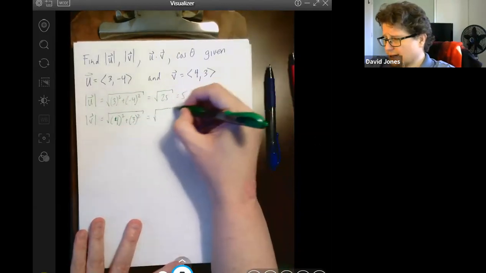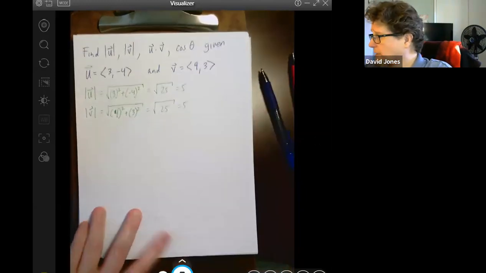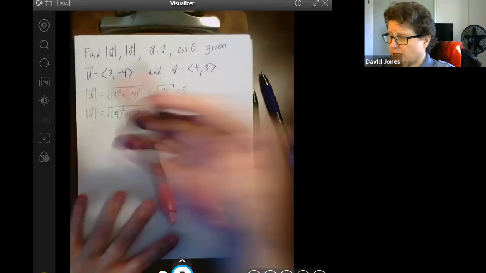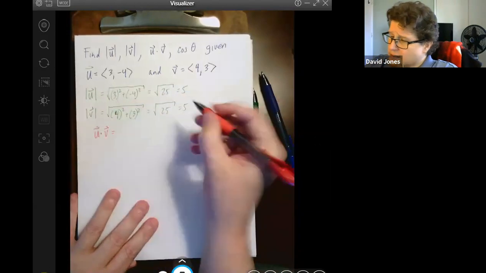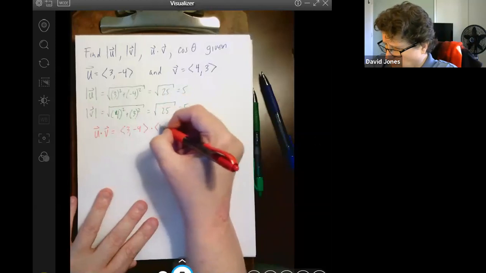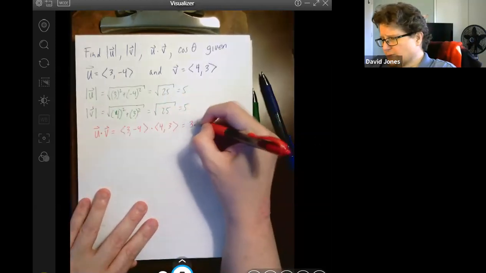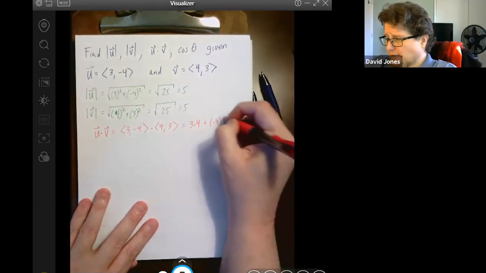Square root of 16 and 9 is 25. That also equals 5. u dot v equals 3 times 4 plus negative 4 times 3.